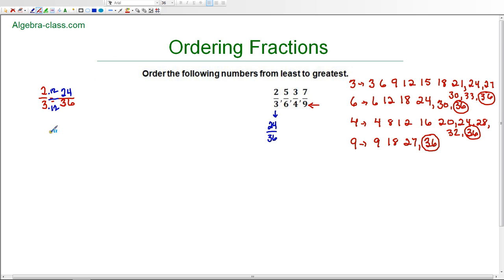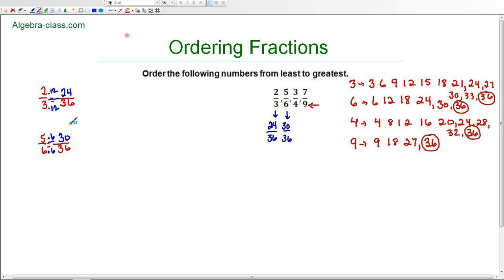Now I'm going to do the same thing for 5/6. 5/6 also has to have a denominator of 36. So 6 times 6 is 36, and 5 times 6 is 30. So 5/6 is equivalent to 30/36.